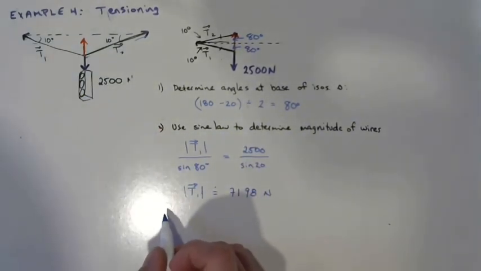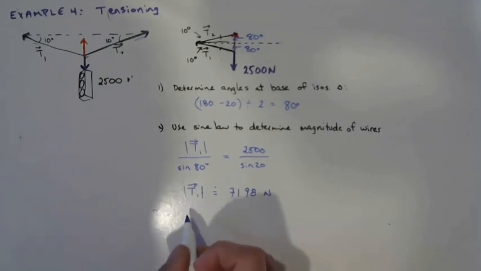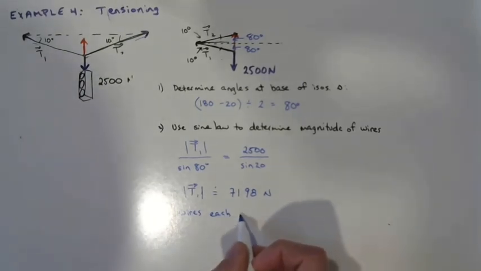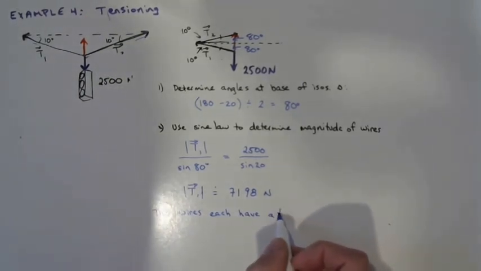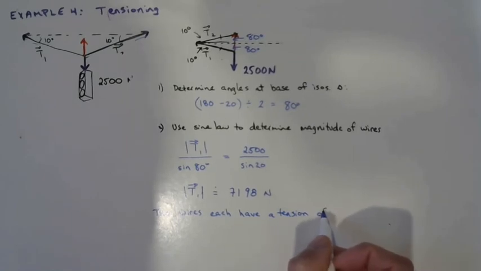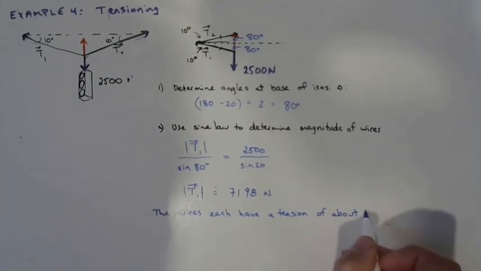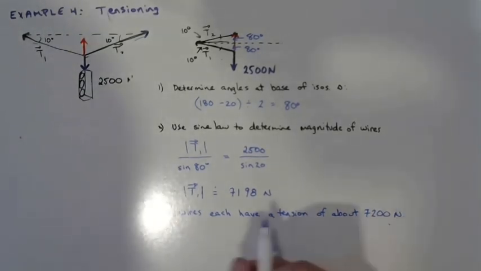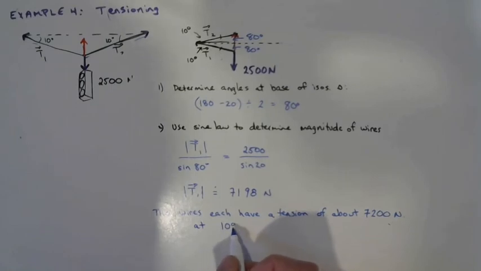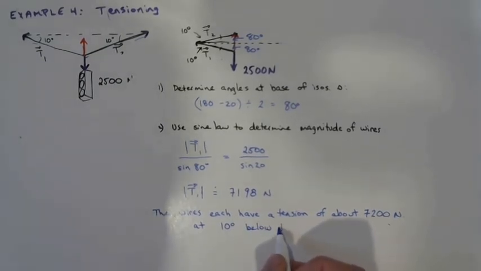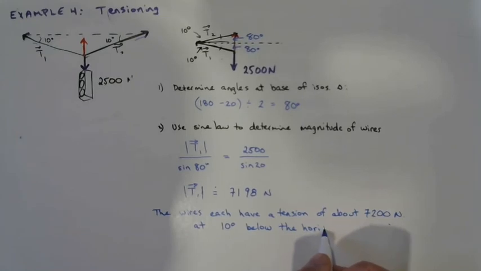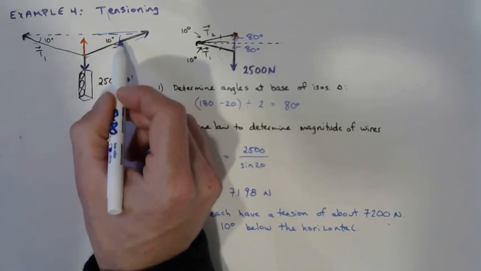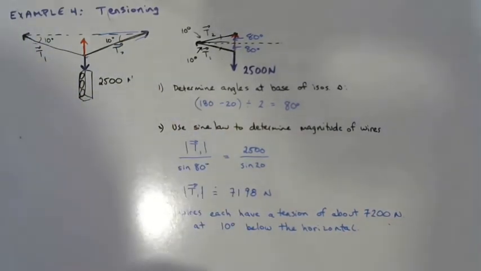So because T1 and T2 are the same, the wires each have a tension of about 7,200 newtons at 10 degrees below the horizontal. That just means right here: here's our horizontal, and here's 10 degrees below horizontal.